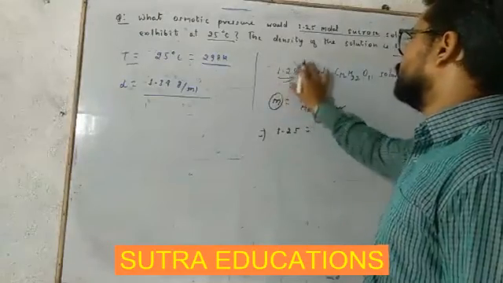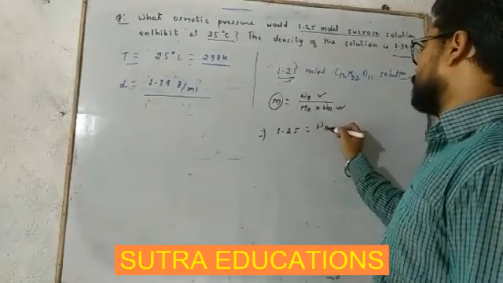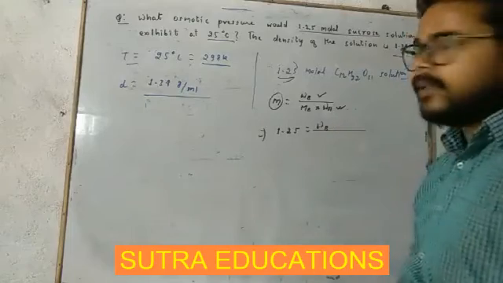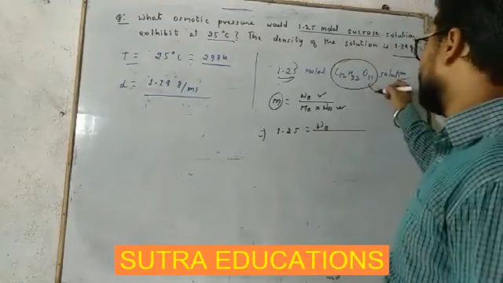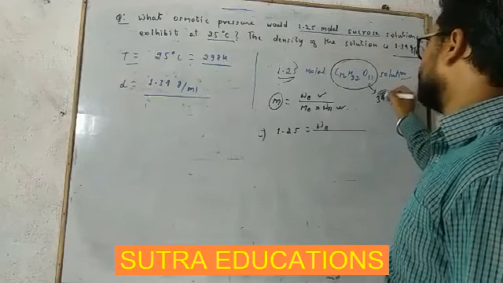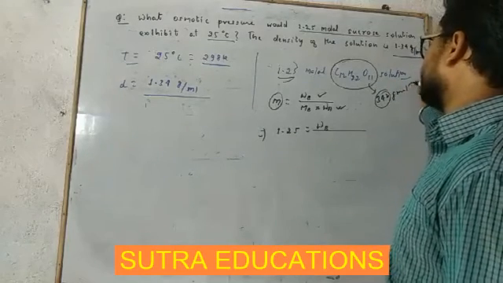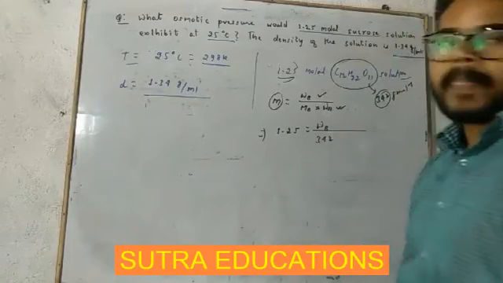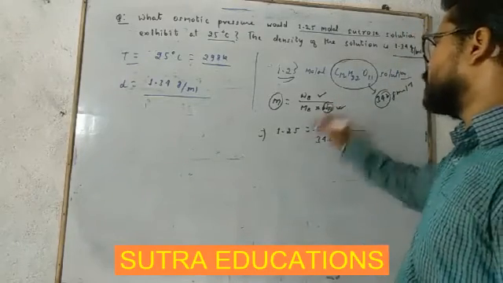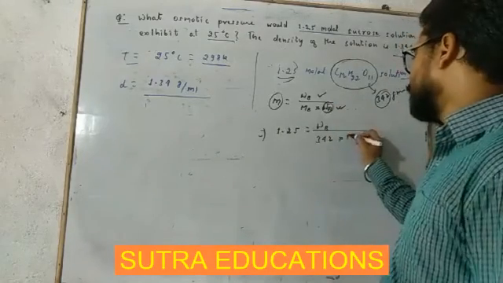WB we don't know, so write here WB upon MB. We know MB, this is sucrose, so its MB will be 342 gram mole inverse. This WA, mass of solvent in kg, is 1 kg.